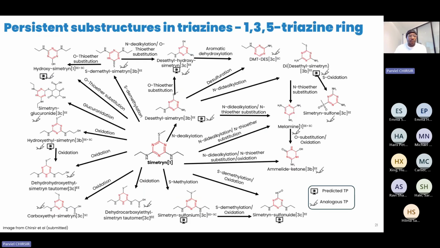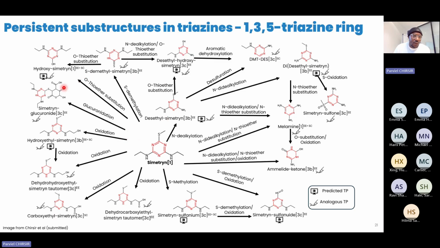So here is an overview of the transformation pathway of an example parent compound, Symetrin in this case. You can also notice other metabolic transformation reactions. So we also have other phase 1 reactions like oxidation. We also have S-demethylation.